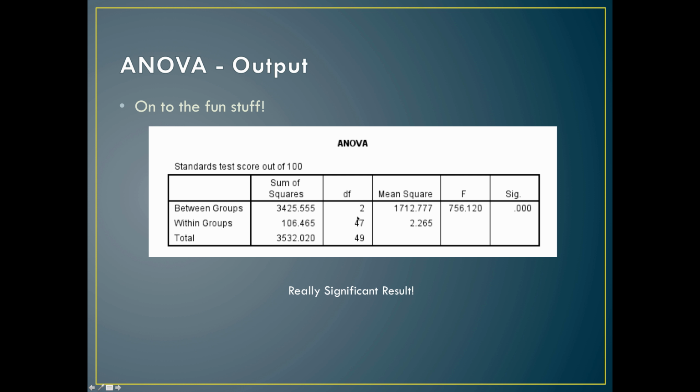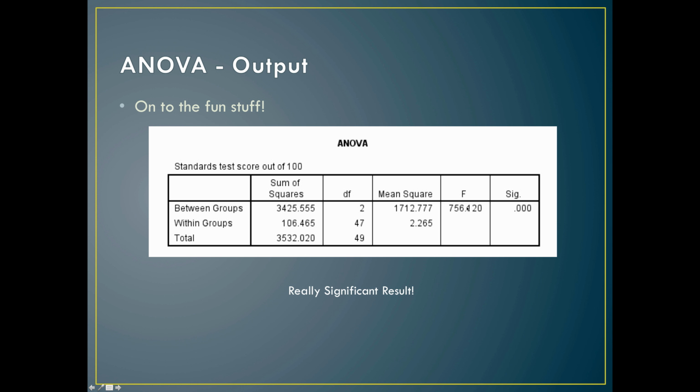Your total participants were 50 minus the three groups, right? That leaves you with 47. So your degrees of freedom here is going to be 2 and 47. This is your SSB, as I said before, which if you divide it by your degrees of freedom, you're going to get your MS. Okay, and this is your total F value.